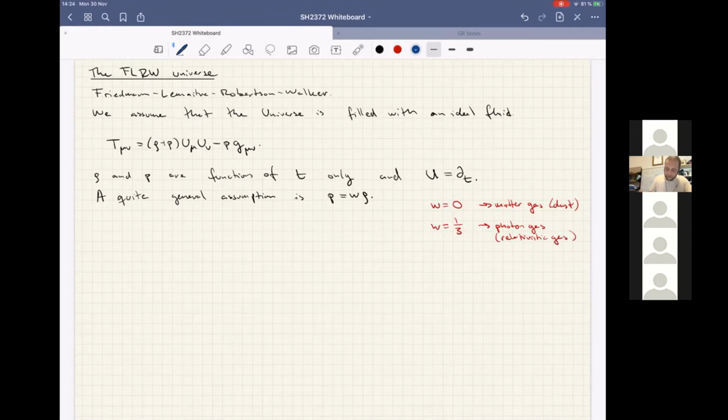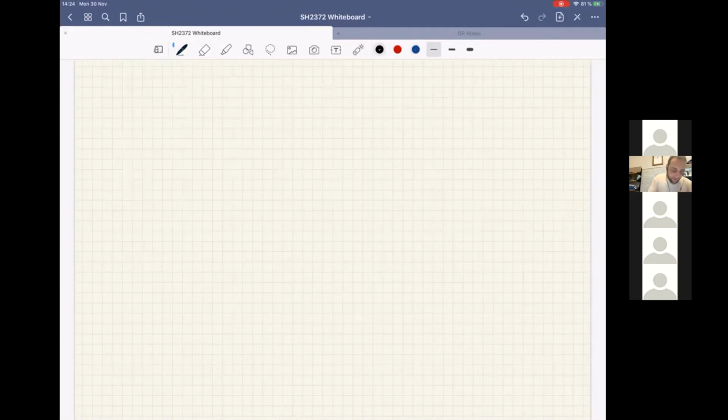So let me just say one thing about how this fluid is going to behave with respect to time. So the behavior of the fluid is going to be important later when we discuss the evolution of the universe.